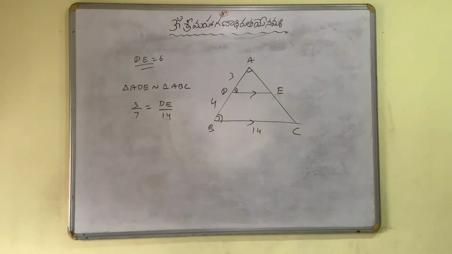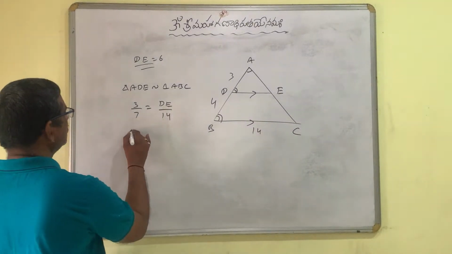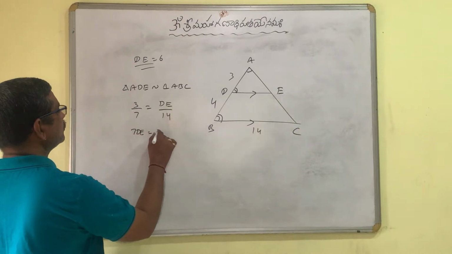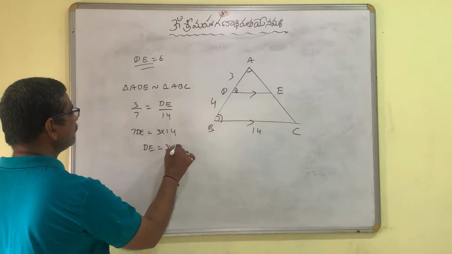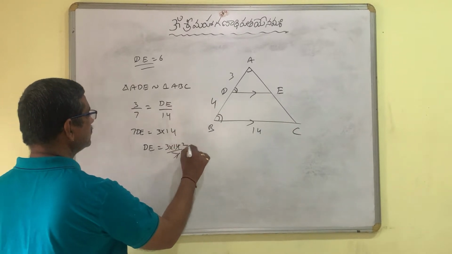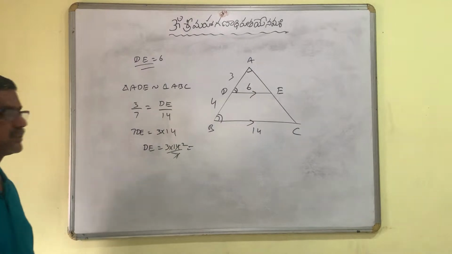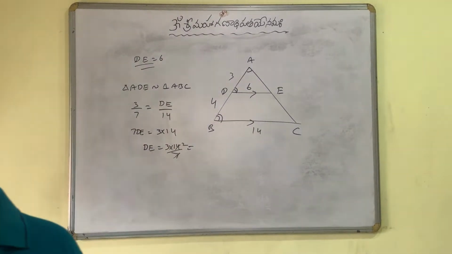Now cross multiply. 7 DE is equal to 3 into 14. DE is equal to 3 into 14 by 7, the 7s cancel, so 6 centimeters. DE is 6 centimeters.